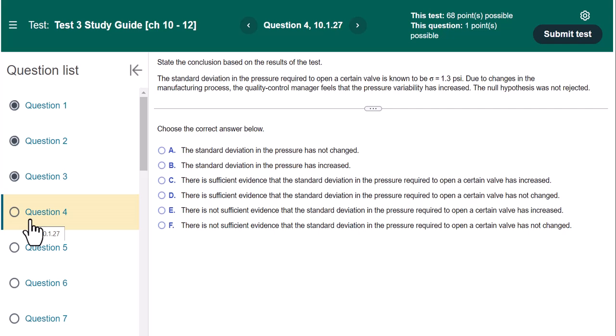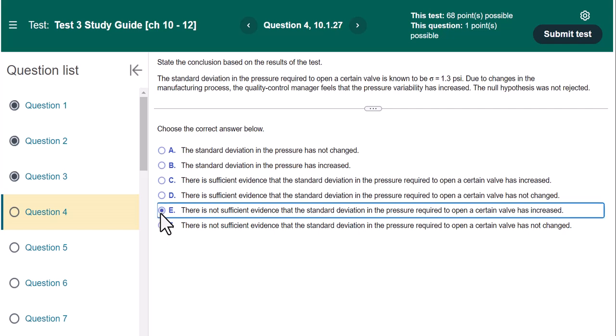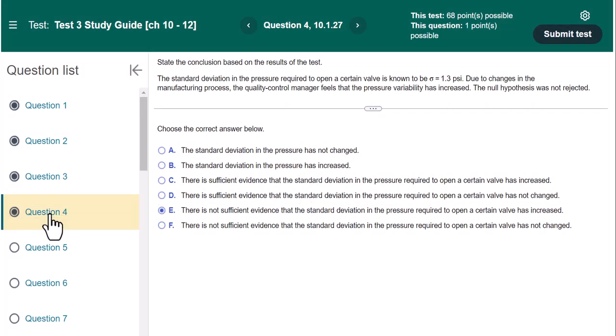That means the variability probably did not increase. So you will say there is not sufficient evidence that the standard deviation in the pressure required to open a certain valve has increased. So that would be E here. Okay. Next question. Oh, that was 4. We're going to 5 now.